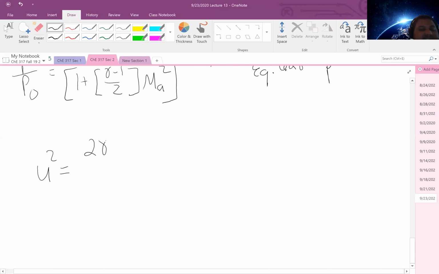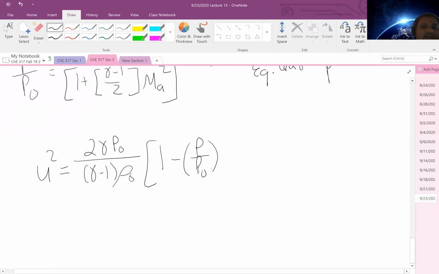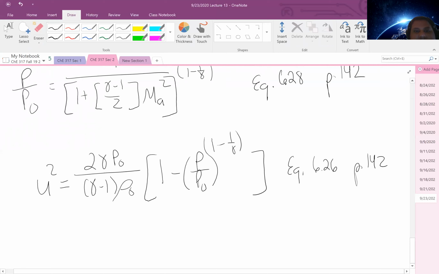We have 2 times gamma over gamma minus 1 times P naught over rho naught, times 1 minus P over P naught to the 1 minus 1 over gamma, being equation 626 on page 142.